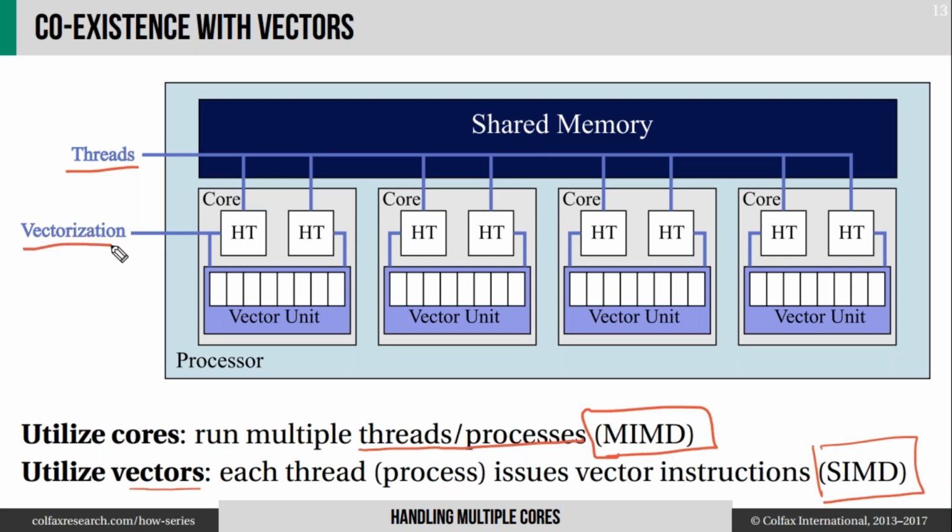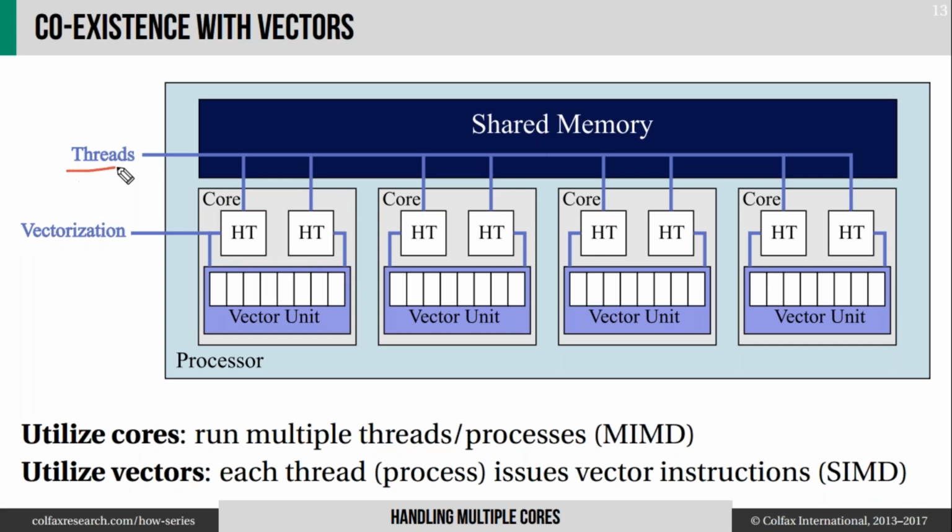And the way that threads coexist with vectors is the code of each thread, of each instruction stream, must have vectorization in it. So there will be 2 layers of parallelism. Threads may run different programs on different cores, and inside of the code of each thread, there is code that executes data parallel algorithms in vector units.